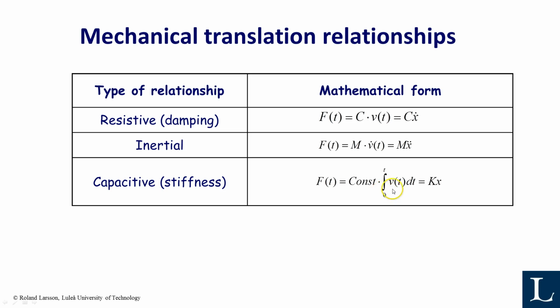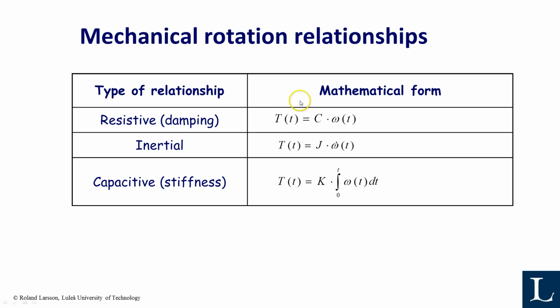constant multiplied by the integral of the speed, that's the x, so simply k multiplied by x, a spring coefficient. And you can do the same for the mechanical rotation: rotation speed, torque, acceleration, torque, and deflection.